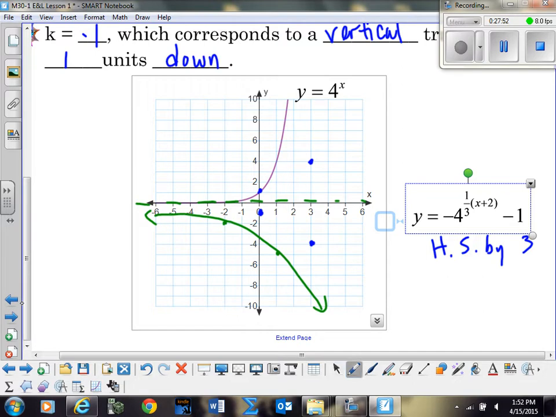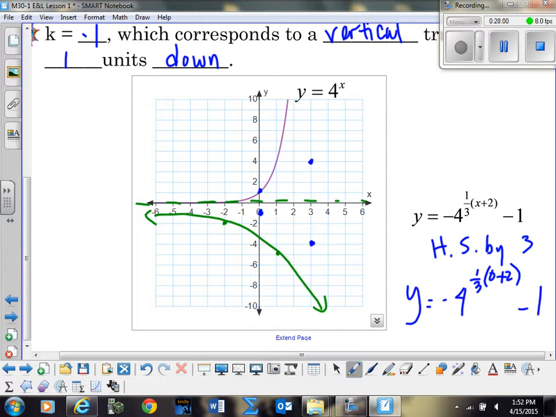Y equals -4 to the 1/3 times 0 plus 2, -1. That is going to give us our y-intercept. So I'm going to go 1/3 times 2, 4 to that exponent, and that's negative, so I'm going to times that by -1, and then I'm going to subtract 1, and I'm getting -3.5.